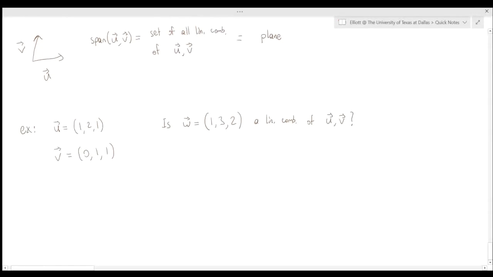I could also ask, is w in the span of u and v? I could also ask if w is in the plane containing u and v.